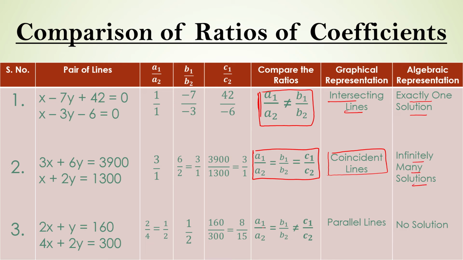Next is, if a1 by a2 is equal to b1 by b2 and it is not equal to c1 by c2, in that condition the lines are parallel and they have no solution. So on the basis of these conditions we can determine the nature of the pair of linear equations in two variables.